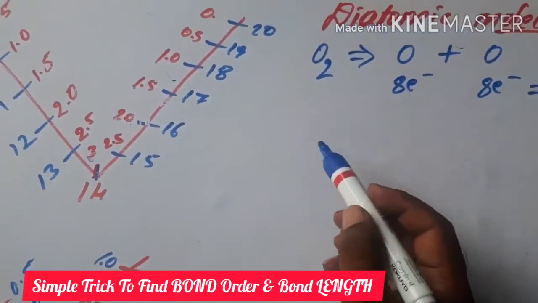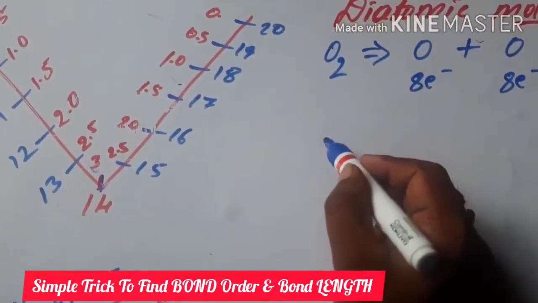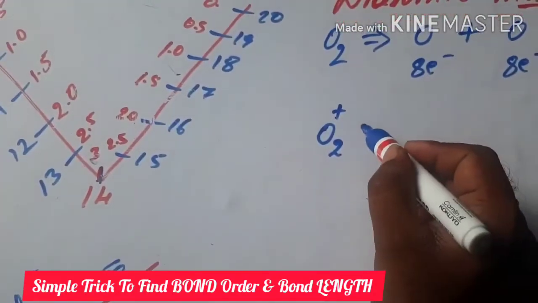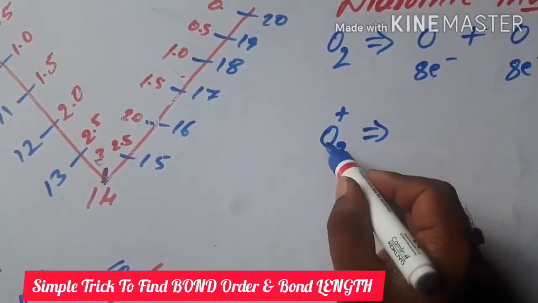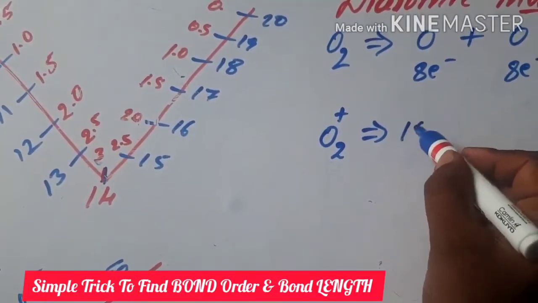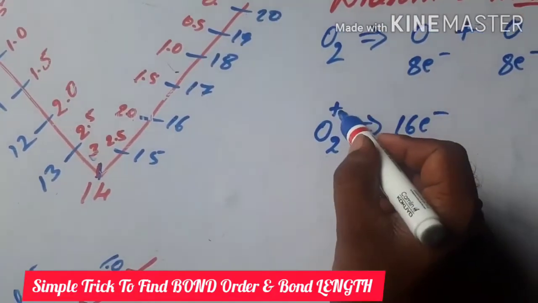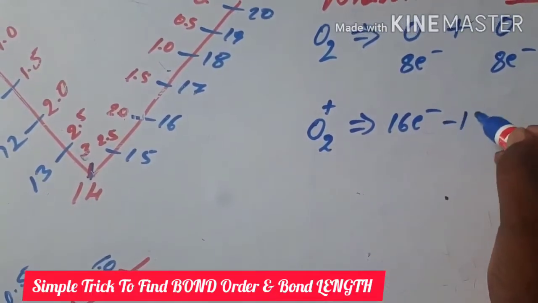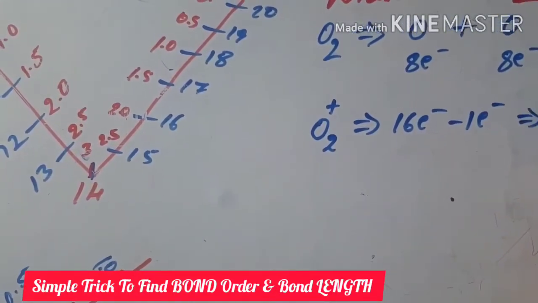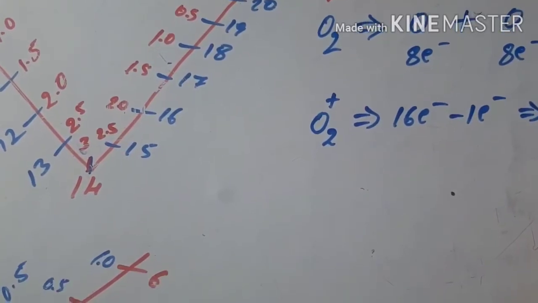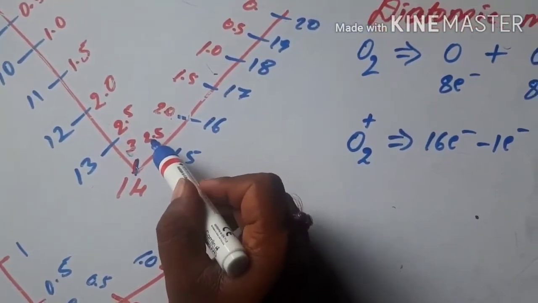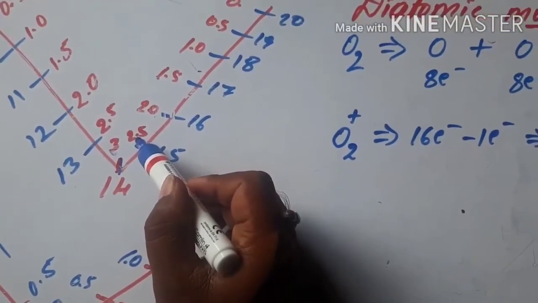And then for the other example, O2 plus. O2 plus means O2 has 8 into 2, 16 electrons, and the plus charge means 1 electron is removed, so 16 minus 1 equals 15 electrons. For 15 electrons, the bond order is 2.5.